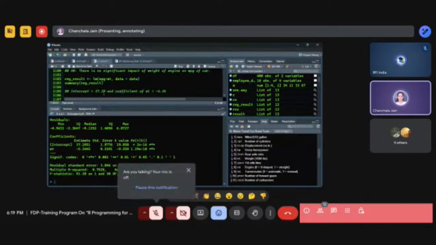I can write, yes: intercept and coefficient of weight are different from 0.